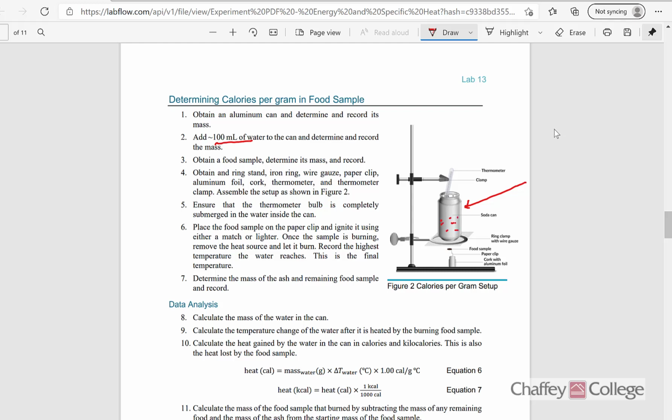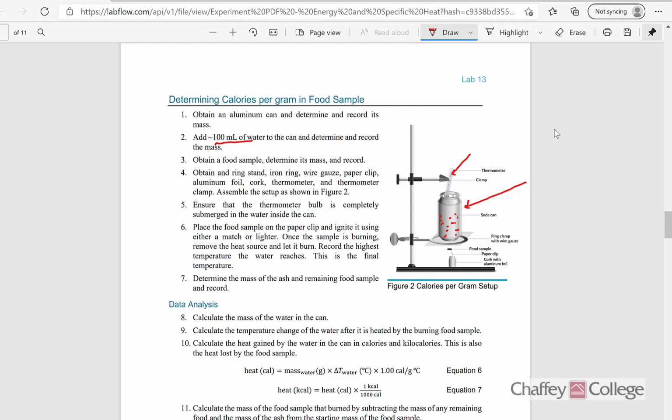There is water inside, we insert a thermometer and note down the temperature of that water. We also note down the mass of the water plus soda can, so we have the empty soda can mass as well as the mass with water.